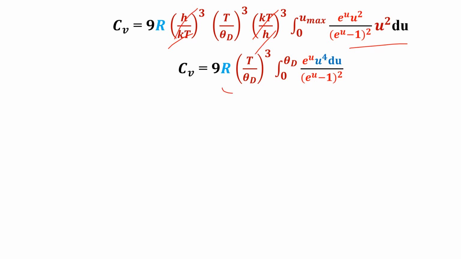So the remaining is 9R into T by theta D the whole cube. The integration now is from 0 to the limit theta D by T, since theta D is the Debye temperature, of e power u, u square, u square, u power 4 du, over e power u minus 1 the whole square.